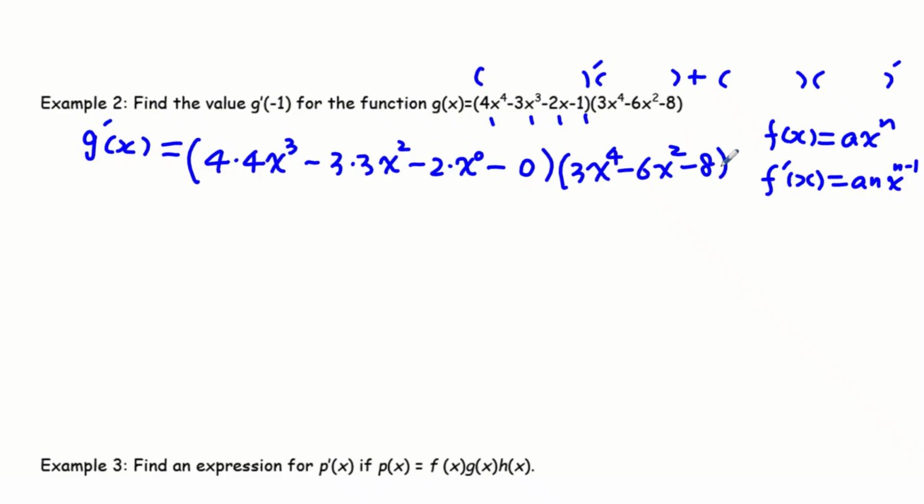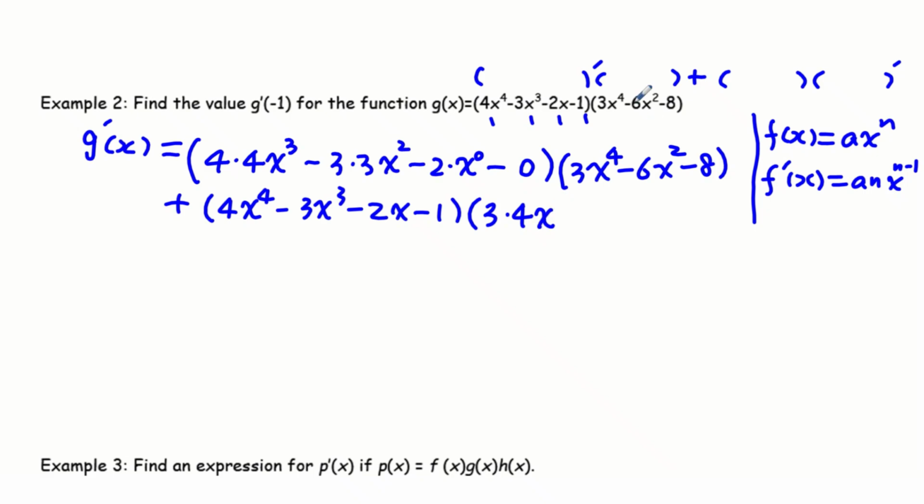Then don't forget, you need to continue with plus. Copy the first function in the first bracket, then do the derivative of the second function. 3 times, bring the exponent to the front, first step, second step, degree minus 1. Then minus 6 times exponent to the front, then exponent minus 1. Constant, x to exponent 0, you bring the 0 to the front, is 0.